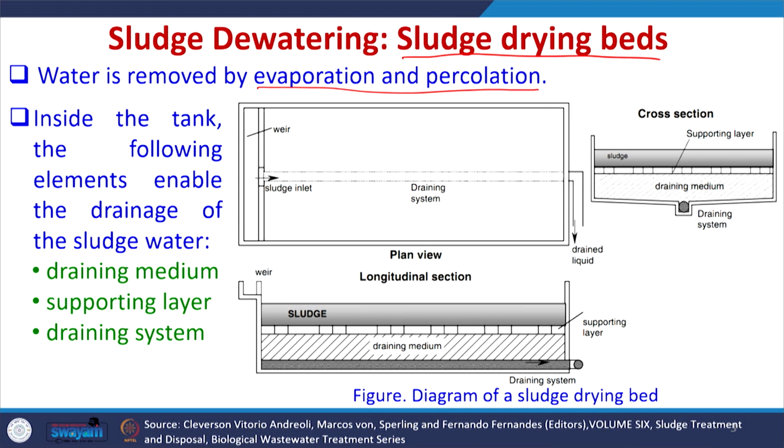Inside the tanks, the following elements enable the drainage of sludge water: the draining medium, the supporting layer and the draining system. So, let us see how the drying bed actually is. This is one of the cross sections, this is the plan view of the sludge drying bed, and we can see the longitudinal section also of the sludge drying bed.